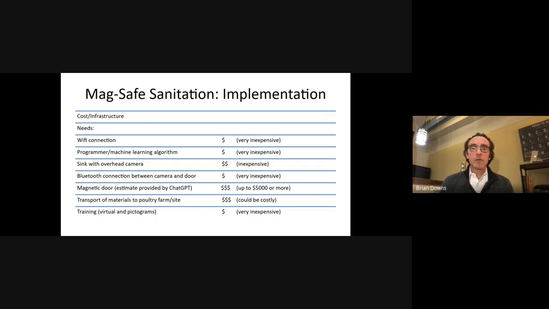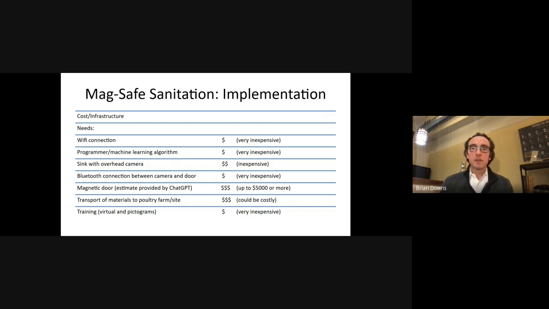A sink with an overhead camera should be able to be obtained for perhaps a couple hundred dollars. The Bluetooth connection is inexpensive. According to ChatGPT, a magnetic door similar to a fire door in a medical center could cost up to $5,000 or more, depending upon weatherproofing needs, if this is on an outside gate versus an indoor type weatherproof facility.